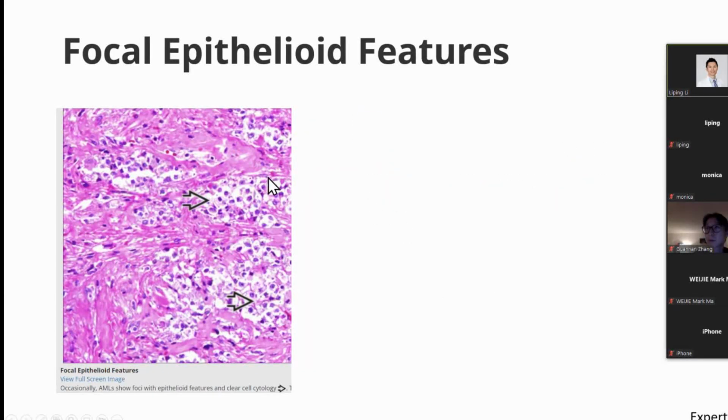And then this focal area I just would like to show, we also can see this epithelioid cell showing eosinophilic cytoplasm, showing epithelioid features. That is one of the variants of AML.